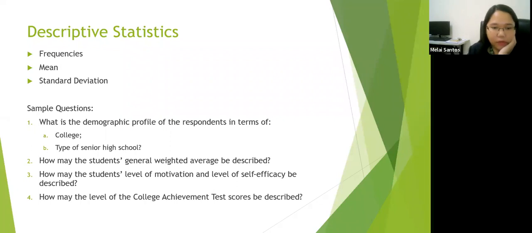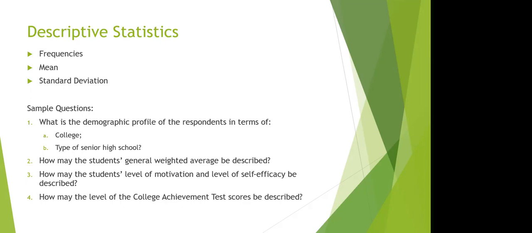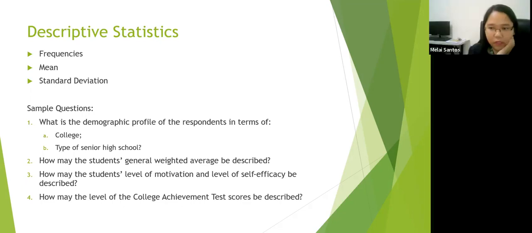Cheska, will you do number 3, standard motivation? And then Jerlyn, self-efficacy. And then college achievement test. Hannah, are you there? Yes, ma'am. Okay, please do that. Level of motivation is Cheska, self-efficacy is Jerlyn, and Hannah, college achievement test.